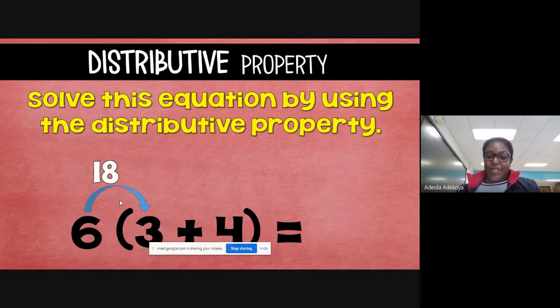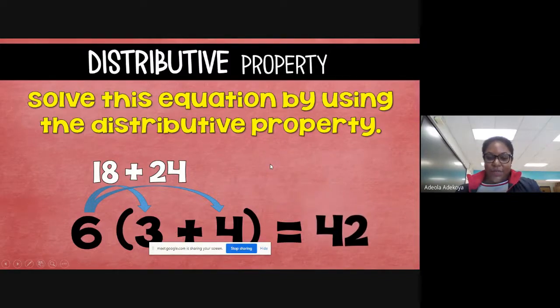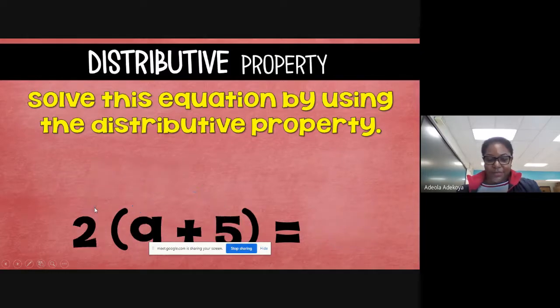So we've got 6 times 3, 18, and then 6 times 4, 24, and we're going to add those together because we've got a plus sign in here. When we add them together, that would give us 42. Again, we're distributing this 6 to the numbers inside the parentheses.